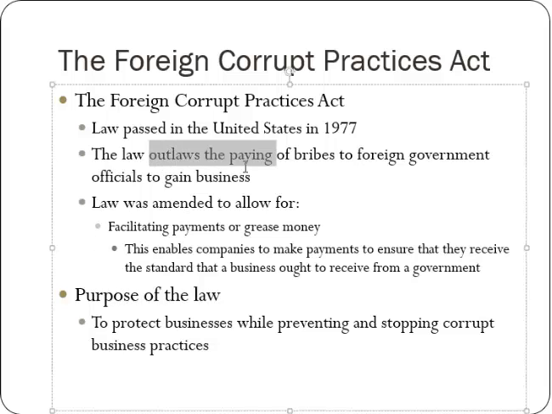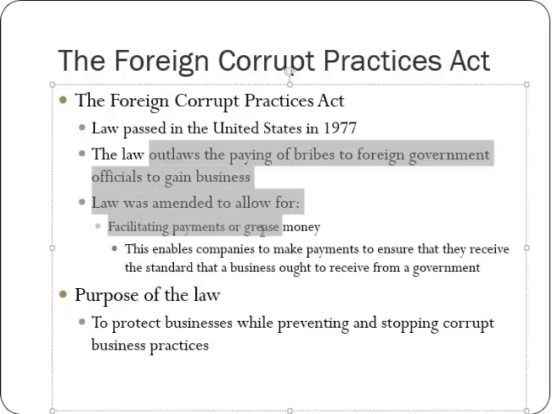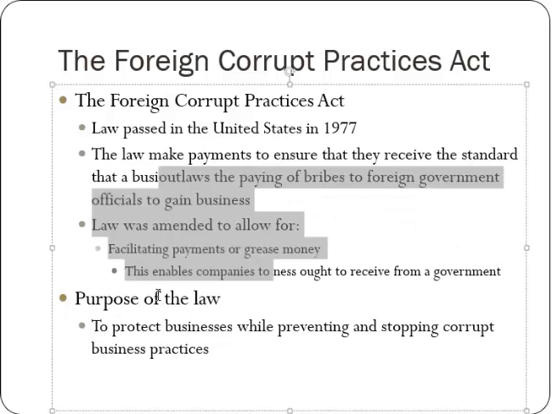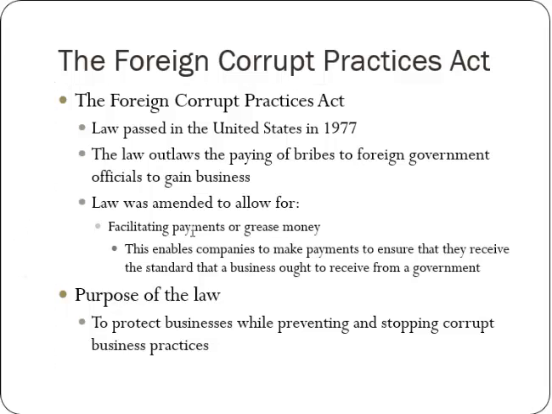It outlaws the paying of bribes to foreign governments to gain business. And it was amended, which means, of course, changed, to facilitate payments, enabling companies to make payments to attain the standard of business necessary from a government.